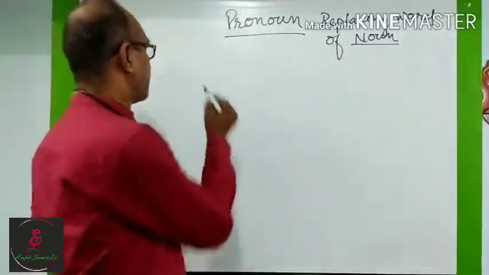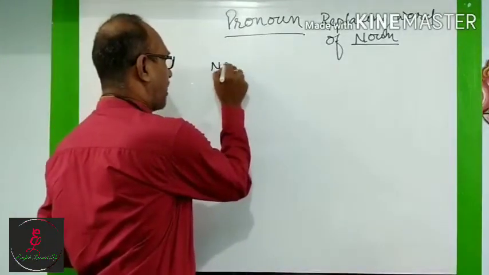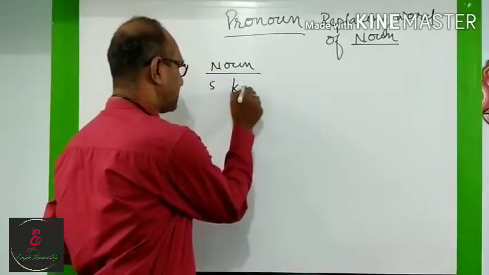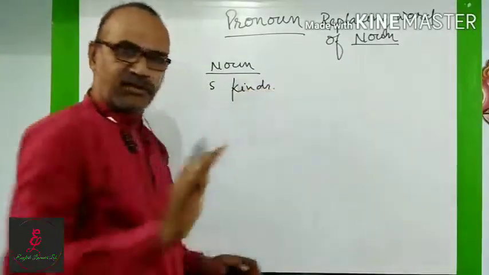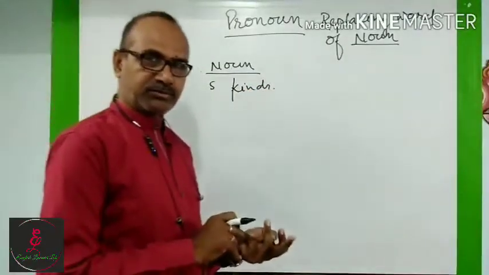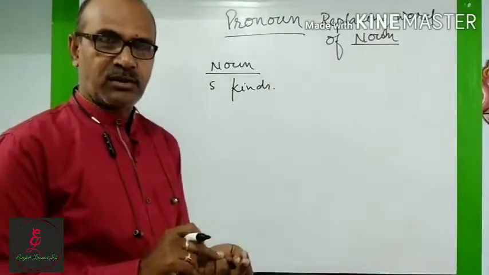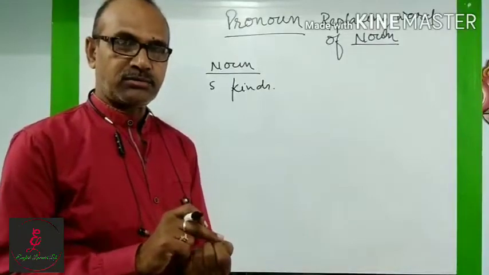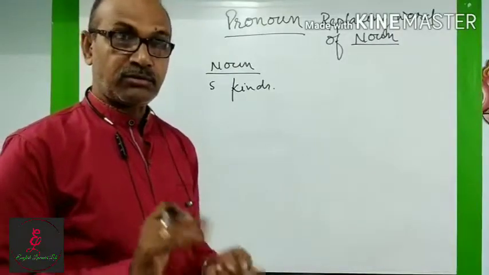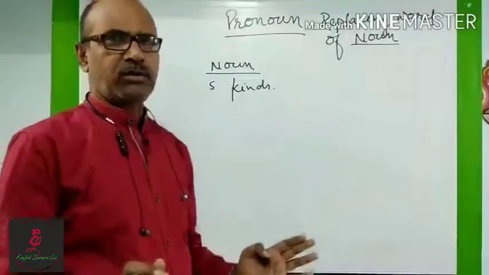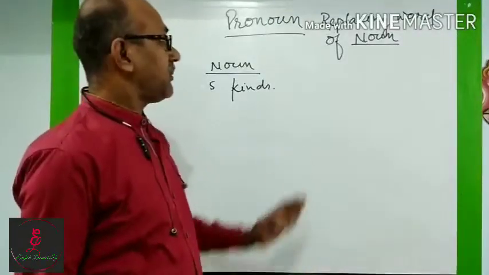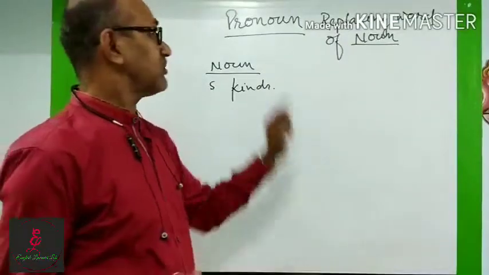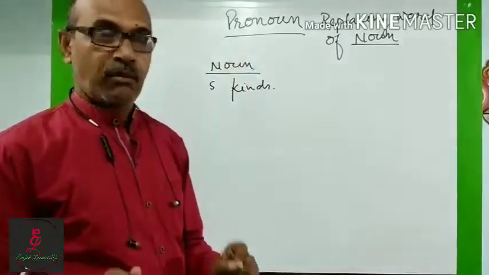Because as we have discussed, noun has 5 kinds: common noun, material noun, proper noun, abstract noun, collective noun. So for different nouns there will be some different replacing words that is known as pronoun.